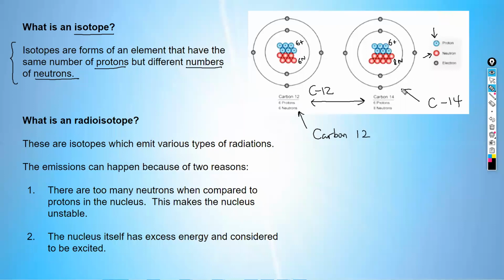They are both carbon, but one is carbon 12 and one is carbon 14. It is called carbon 12 because if you add up everything in the nucleus, you will get 12. 6 plus 6 is 12. And carbon 14, if you add up everything in the nucleus, 6 plus 8 is 14.